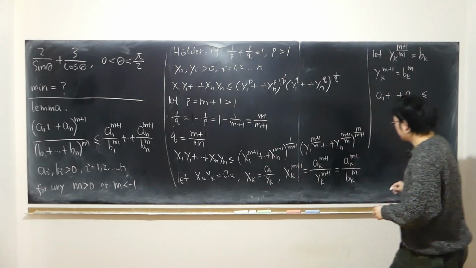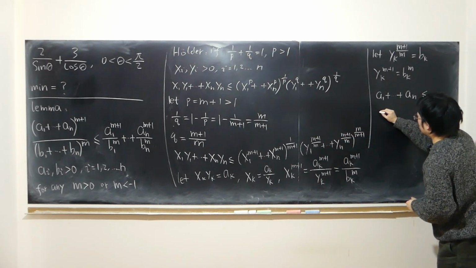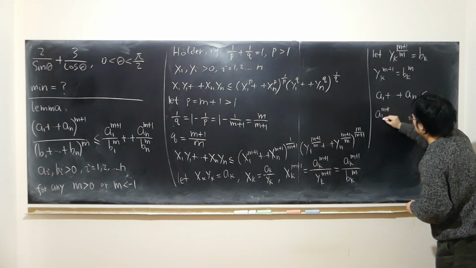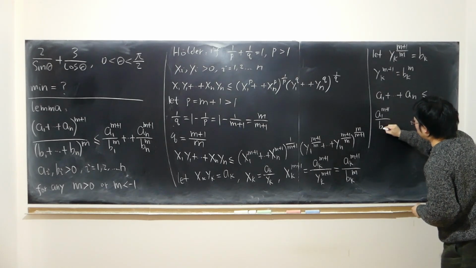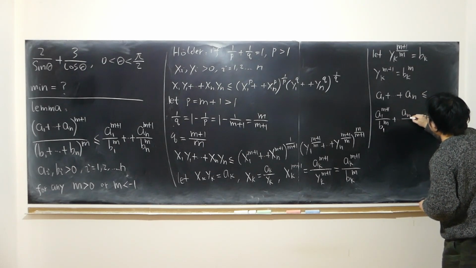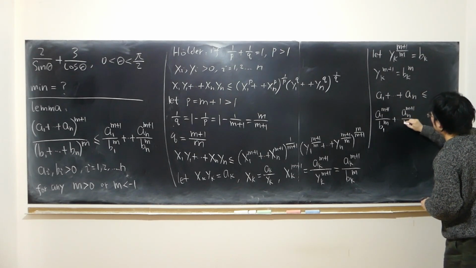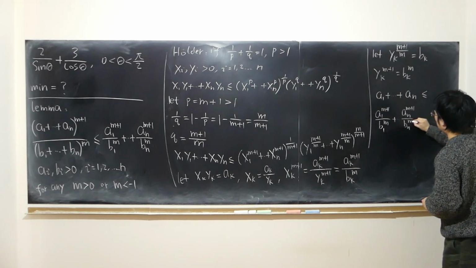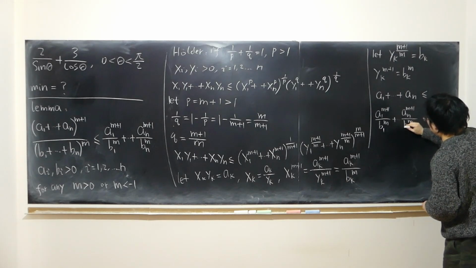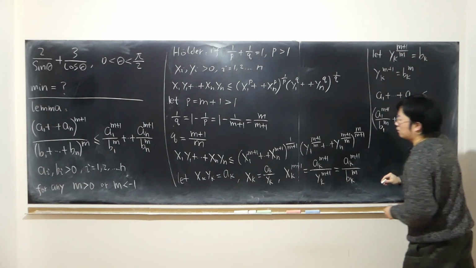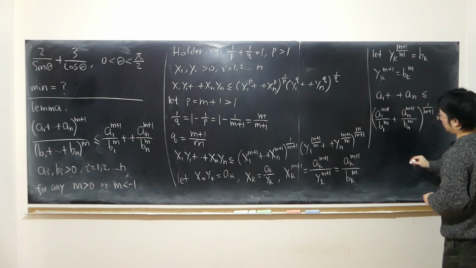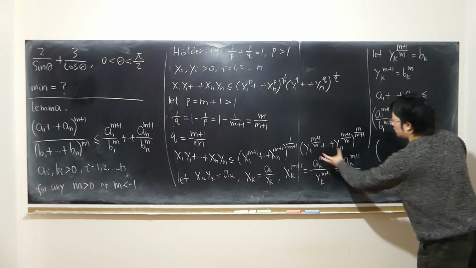So it becomes a1 to the m plus 1 over b1 to the m, all the way an to the m plus 1 over bn to the m, bracket to the 1 over m plus 1, times this bit.